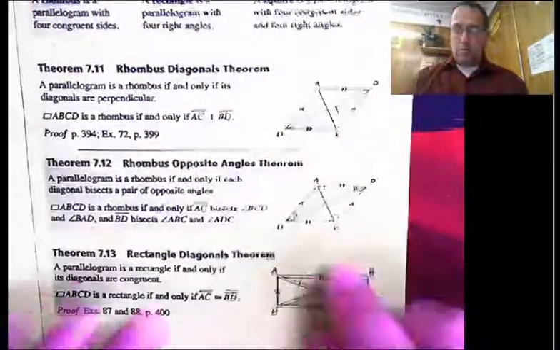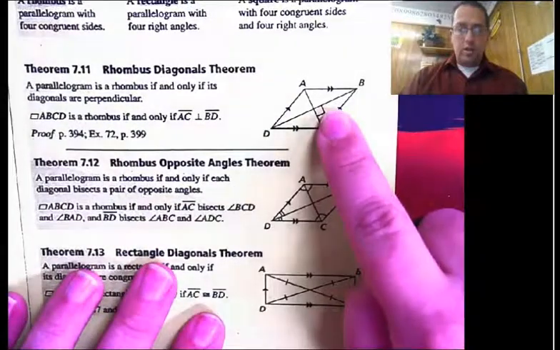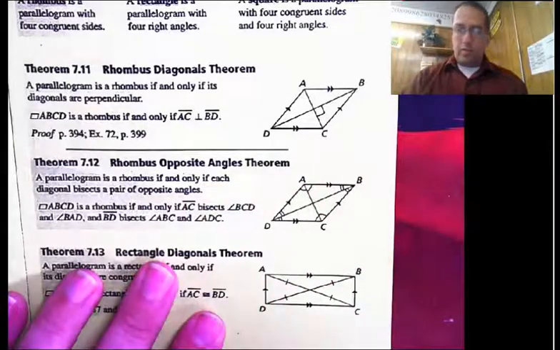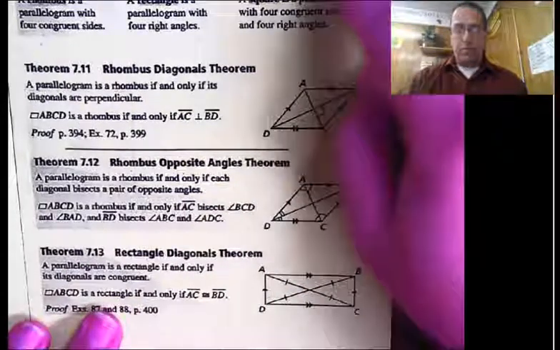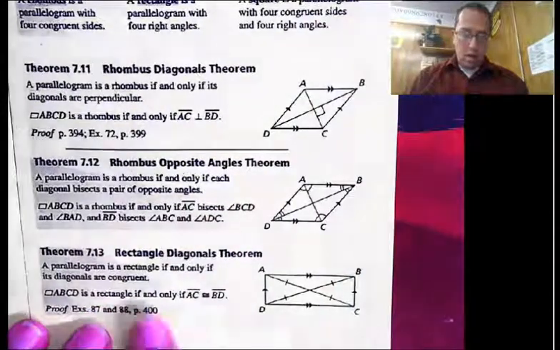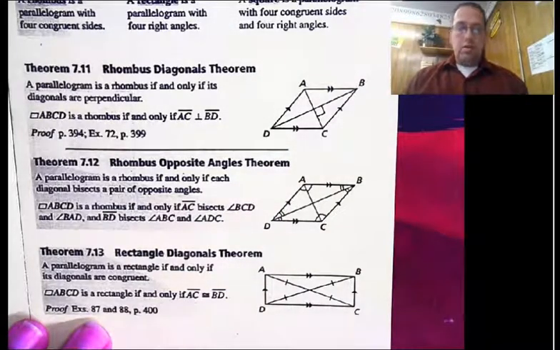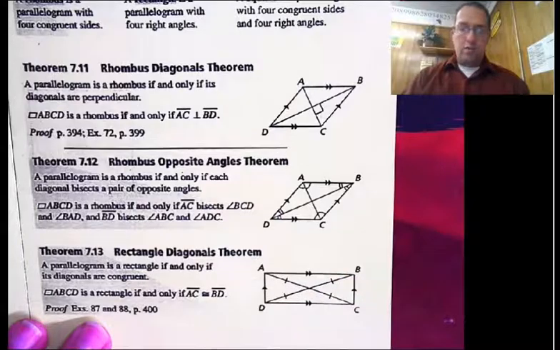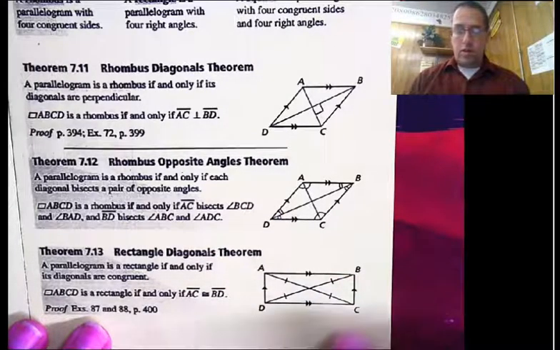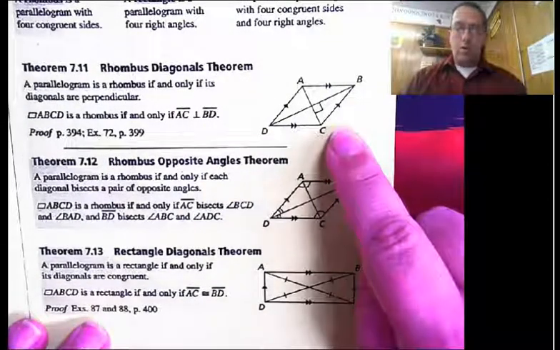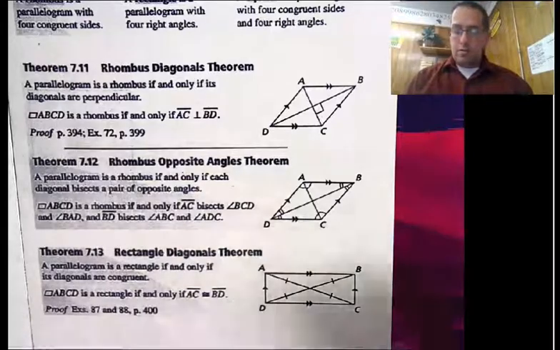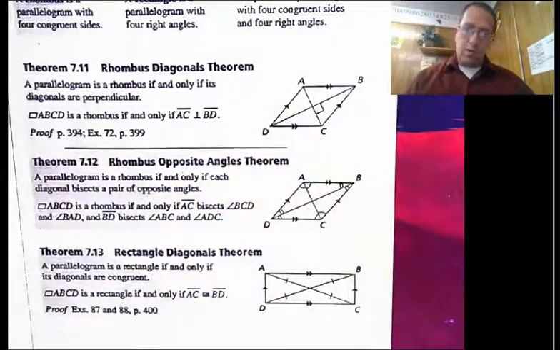The diagonals of a rhombus are perpendicular, and they bisect the angles. That's only for rhombuses, not for any other parallelograms, except for squares, because squares are rhombuses. And also the rectangle diagonals theorem, which says that the diagonals of a rectangle are congruent to each other. Again, only true for rectangles, not true for rhombi, not true for other parallelograms, but also true for squares because squares are rectangles.